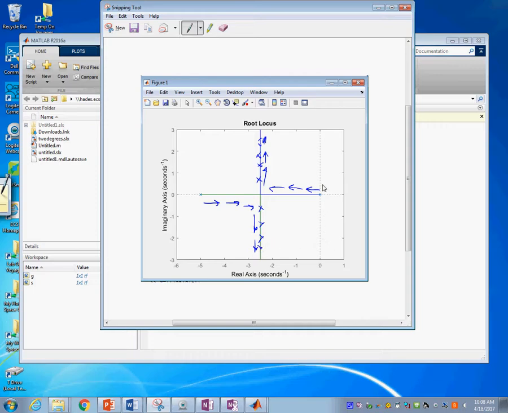They will never get to this axis here. This is your imaginary axis here, and this is your real axis.